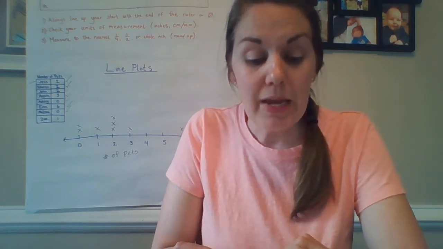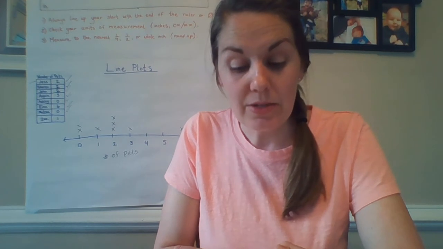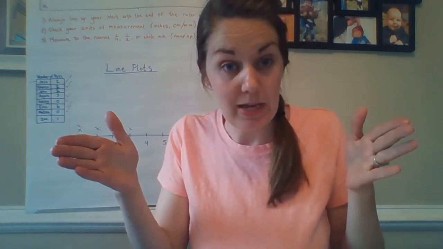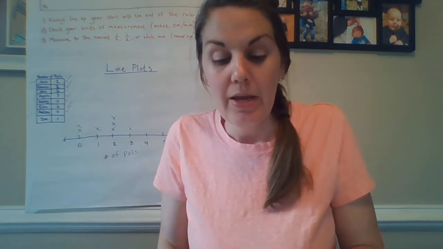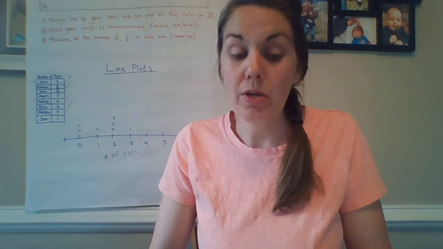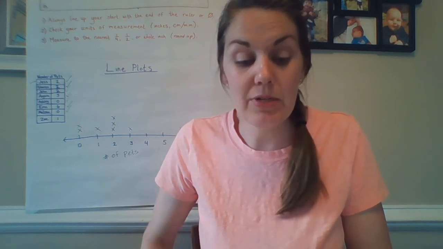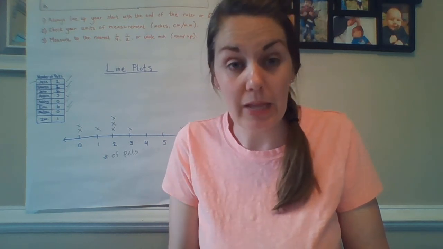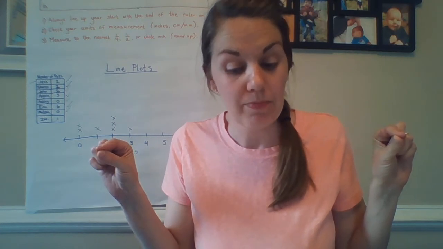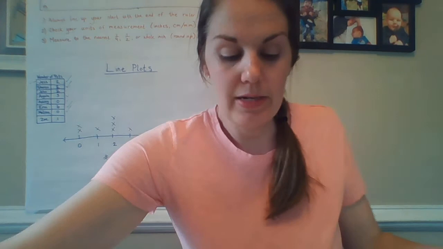Number 4 says make the number line in problem 3. So you're going to have a number line ranging from 1 to 3 because that's the spread of our data. Make a line plot of the plant heights below. So you're going to make the same number line as you did in 3 that you labeled. You're going to rewrite it in the space below number 4.